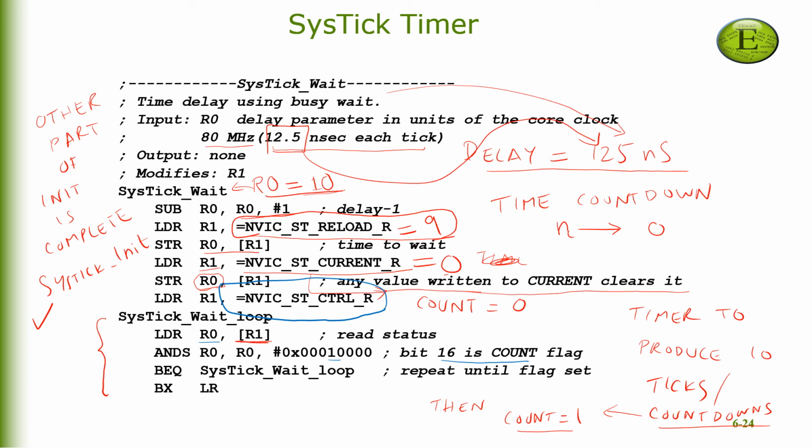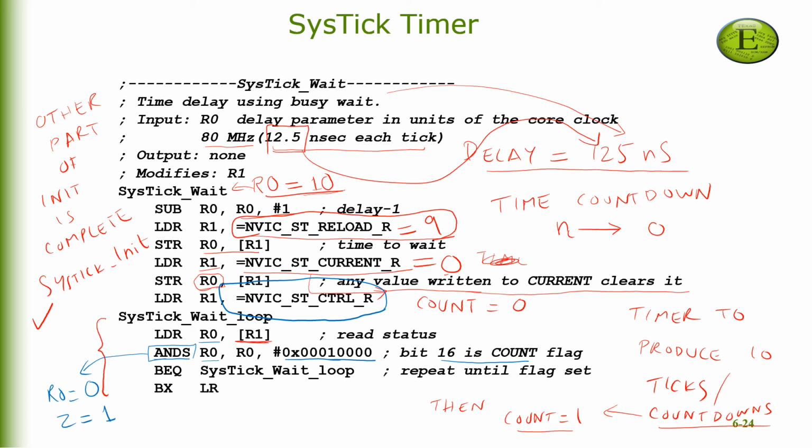That's what we are interested in. And we are going to compare the value of R0 with this hex 00010000. Essentially, we are taking a bitwise AND operation, and we are also allowing the flags to be affected by this AND operation. As a consequence, if R0 is all 0, this is going to set the 0 flag.